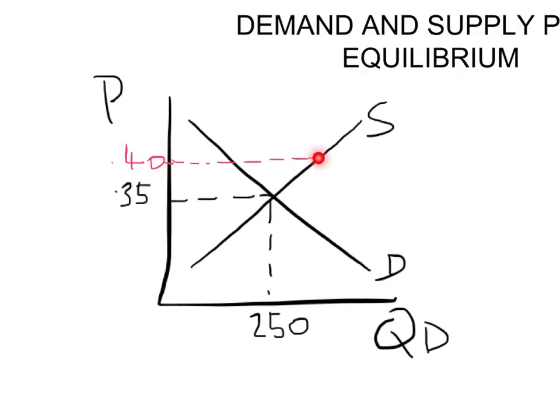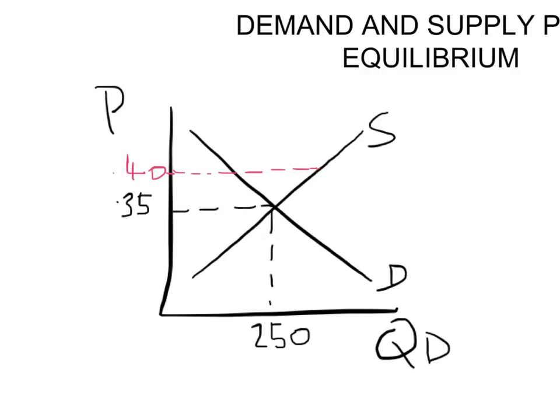So at 40p we're supplying this number of Mars bars. Because we've got a higher price for our Mars bars, we can produce more. Let's say that's 300 Mars bars. Fantastic, there we are. We're selling more Mars bars at a higher price. The business is doing far better. Why wasn't I put in charge earlier?